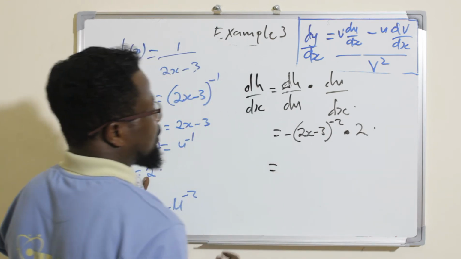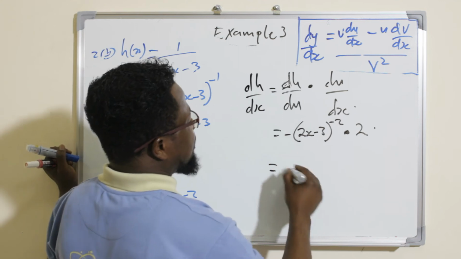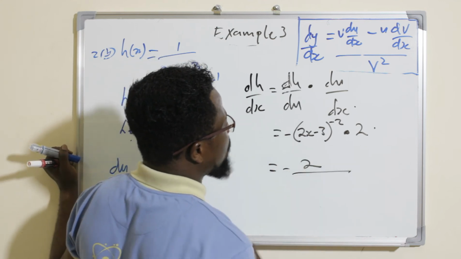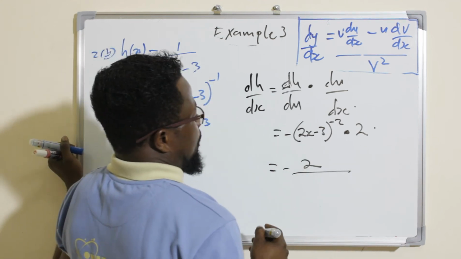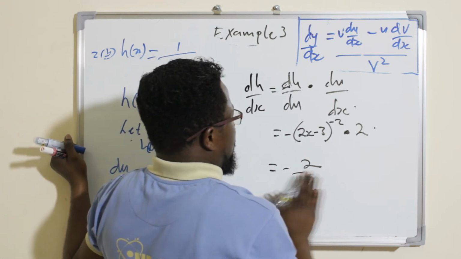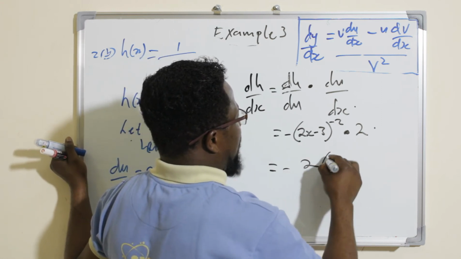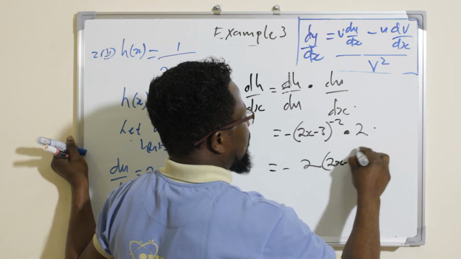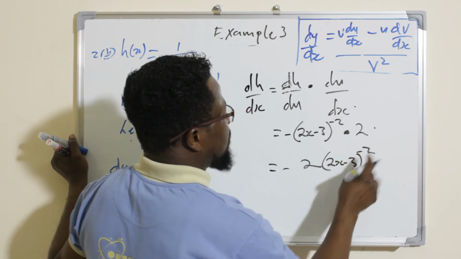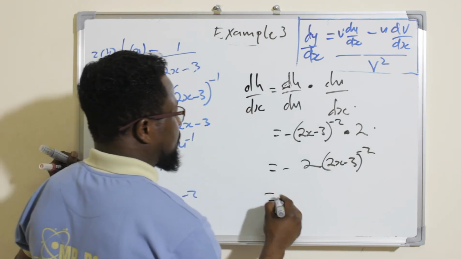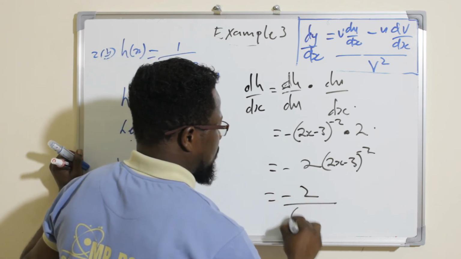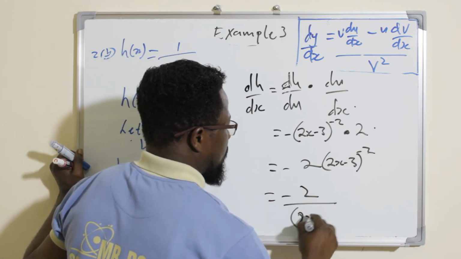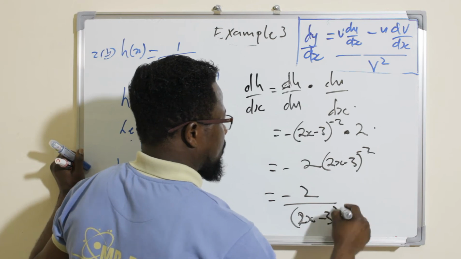If I multiply this and this, you can see we have a negative 2 multiplied by 2x minus 3 exponent negative 2. Now I want to change the negative exponent and make it positive. So this becomes negative 2 over 2x minus 3 squared.